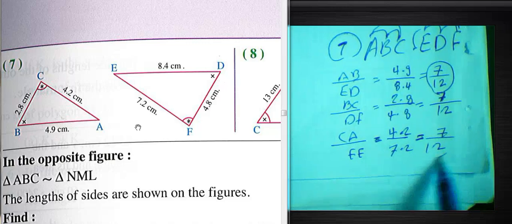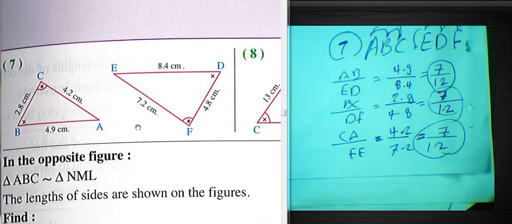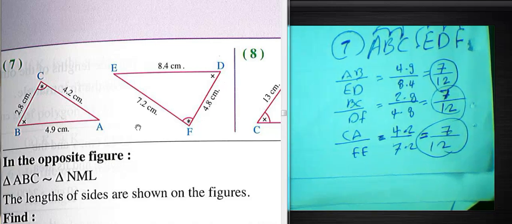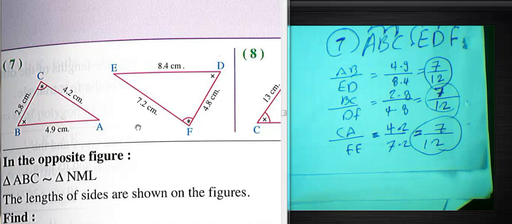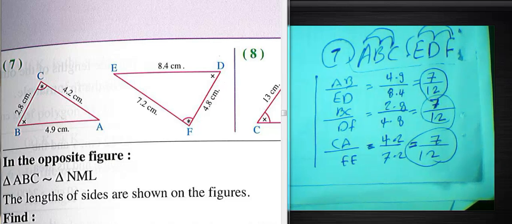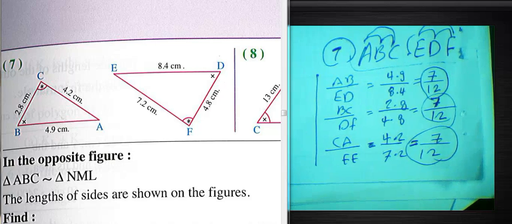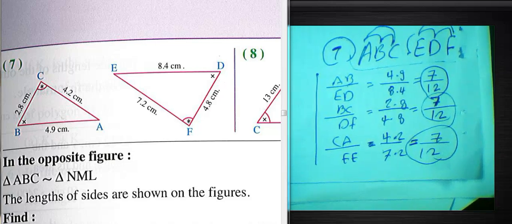So we have proportion between each two corresponding sides. So the two triangles are similar. You can find the similarity between two triangles by the first condition or second condition only. Okay, it's a property of two triangles.